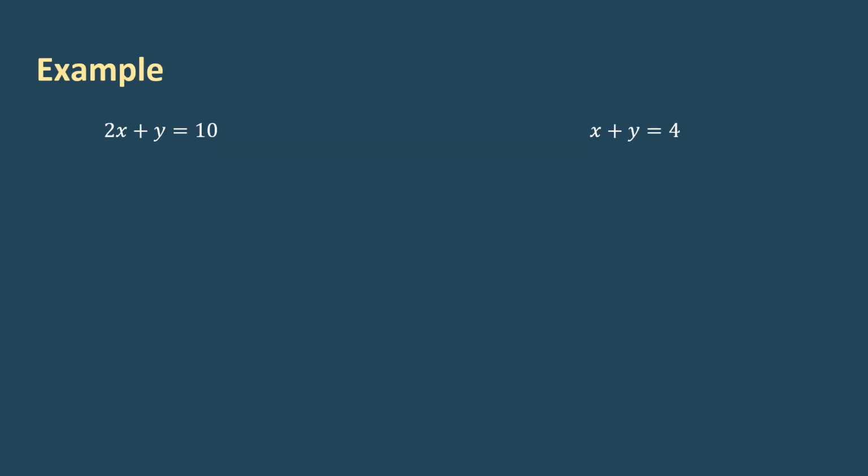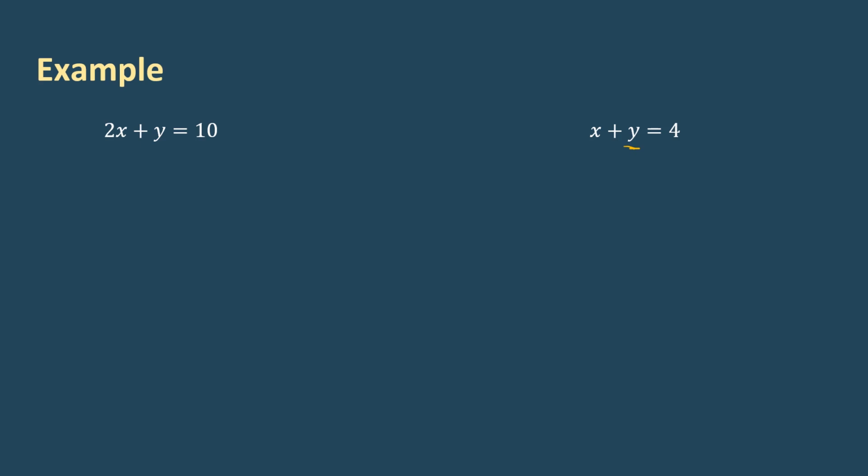For this example, we have two equations: 2x plus y equals 10 and x plus y equals 4. So we have two unknowns, x and y, and two equations. We notice that we can eliminate the y here when we subtract both equations.